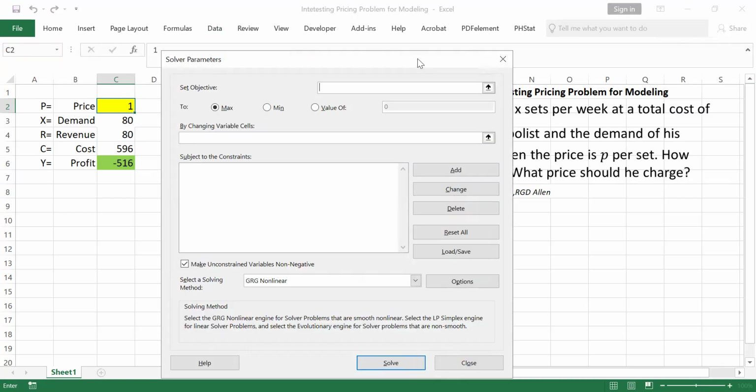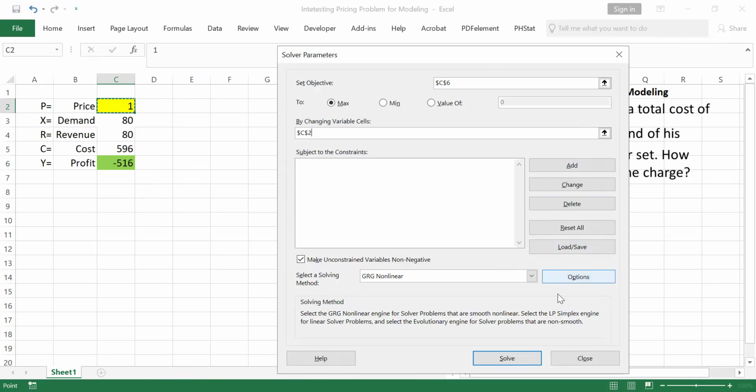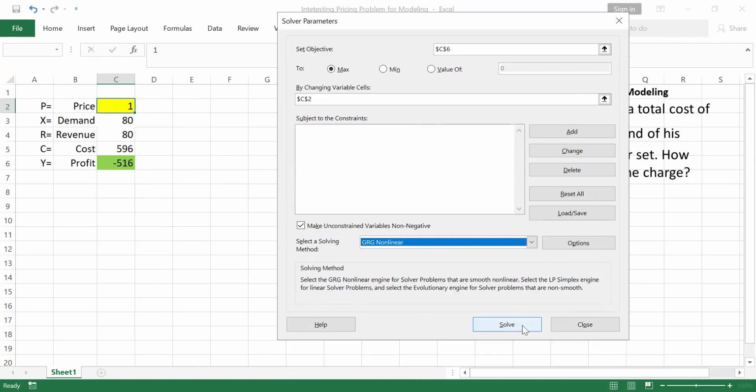The target cell is the green color, profit. Maximize this. The changing variable cell is the price cell. And apparently there are no constraints, and GRG Nonlinear is the default, because the profit is nonlinear in nature, and simply leave the rest.